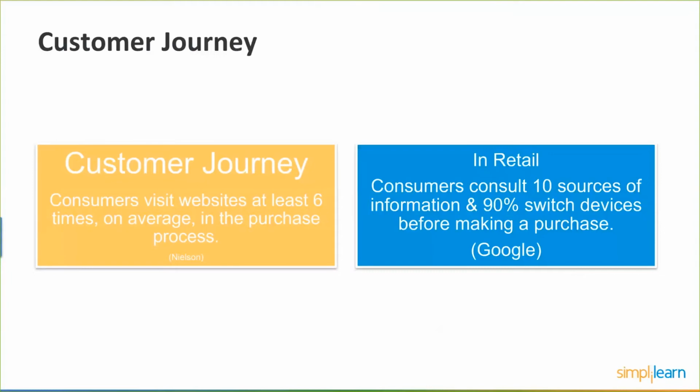In retail, consumers consult 10 sources of information and 90% will switch a device before making a purchase. So if you're thinking about just search, that's a touch point. Maybe they came back to you a second or third time even on search. That's 2 or 3 touch points. That's half or a third of what the average person does before buying. So often remarketing is that reminder to come back and finish something.